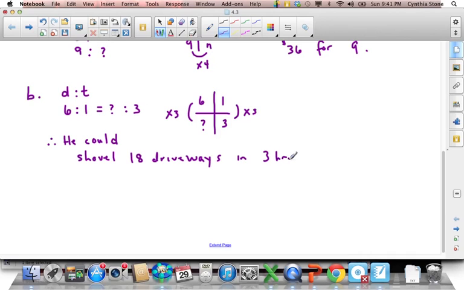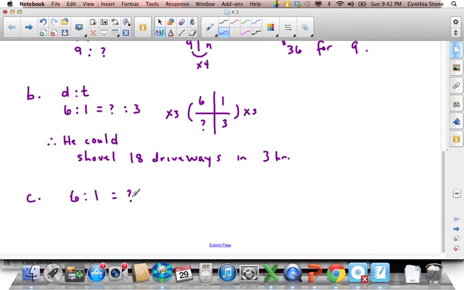Okay. Part C, How long does it take him to shovel one driveway? All right, so this is saying if I use my D to T ratio, 6 driveways in 1 hour would be equal to, I don't know how many driveways.